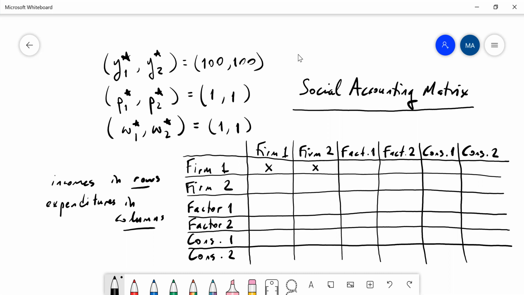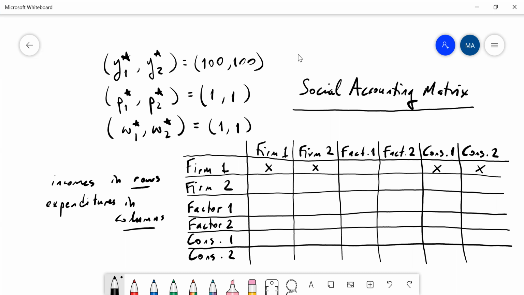Then for factors, there is no income originating from the firm, right? Because firm 1 is actually paying for factor 1 and factor 2, because firm 1 goes to the factor markets and hires factor 1 and factor 2 from the consumers, right? But then when I am writing the incomes of the first firm, I also have income streams originating from consumer 1 and consumer 2. Why?